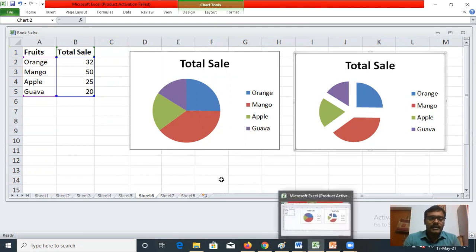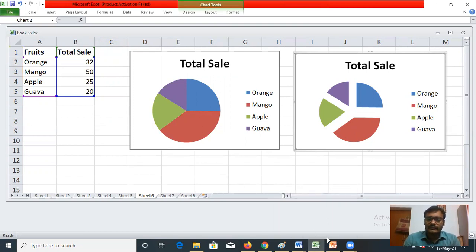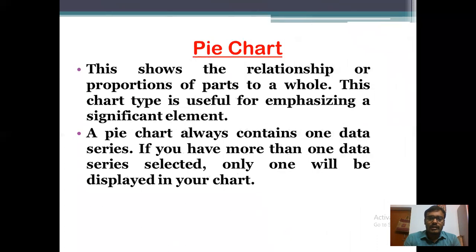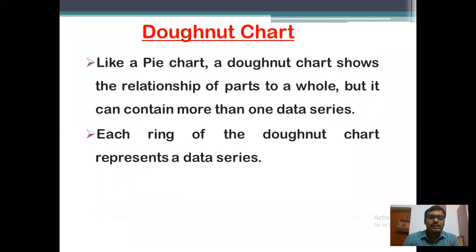Next one is the Doughnut chart. It is very similar to a pie chart, but there are some differences. Like a pie chart, a Doughnut chart shows the relationship of parts to a whole, but it can contain more than one data series.